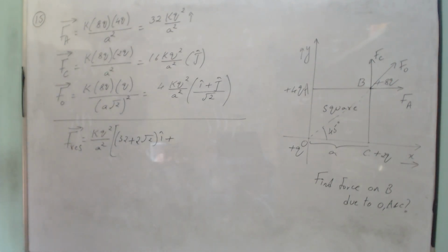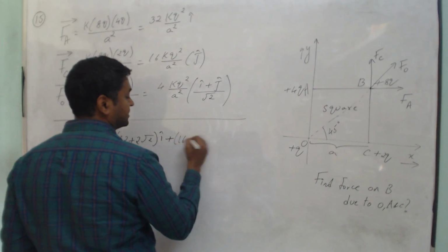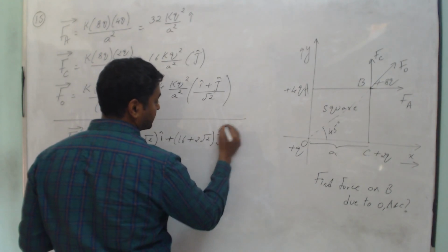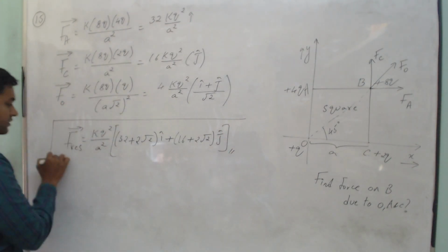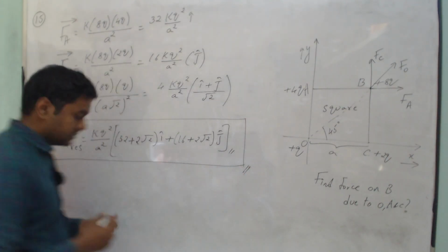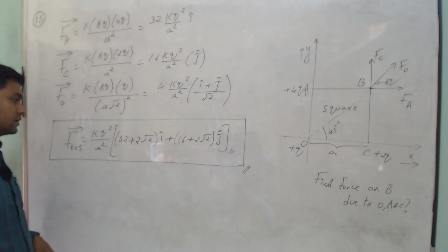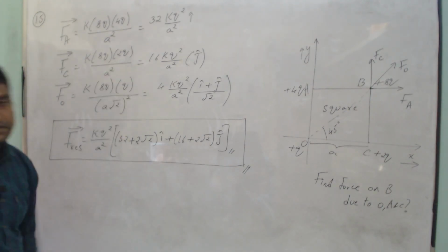In J cap, I have 16, and here I have 2 root 2. That's it. This is my answer in terms of vectors. Clear? Yes, sir.